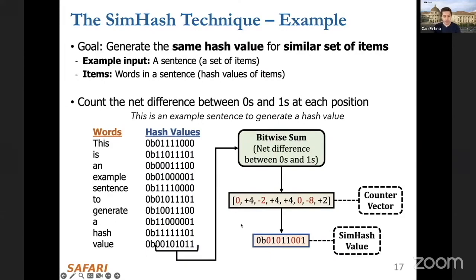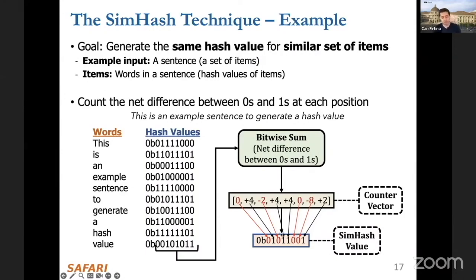So the advantage of the SimHash value is that for each bit position of these hash values, we look at the counter vector result, and if it is positive, meaning there are more ones than zeros, we assign the corresponding bit to 1, and if it is 0 or negative, then we assign the corresponding bit as 0.